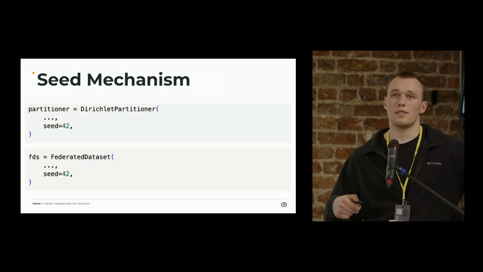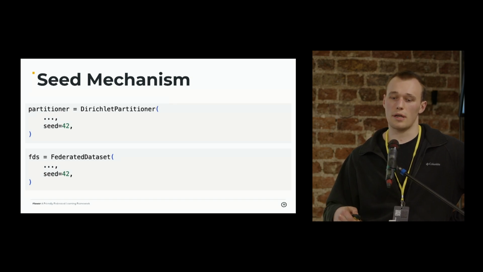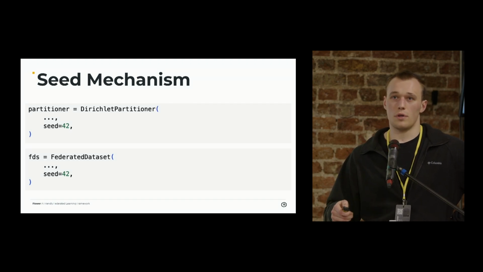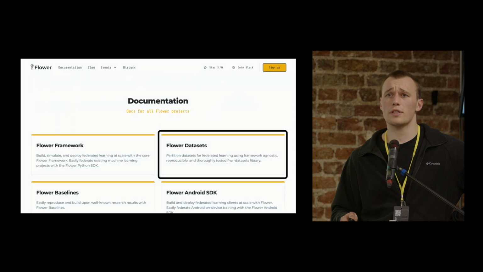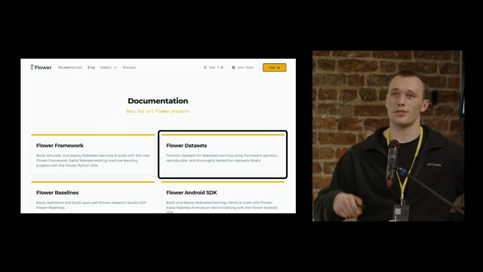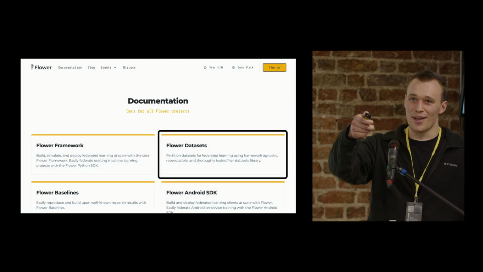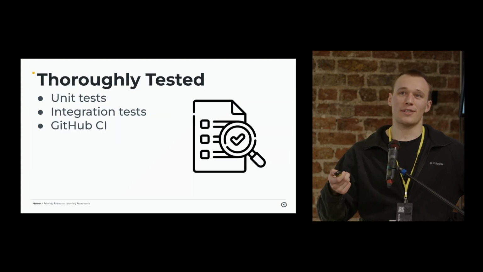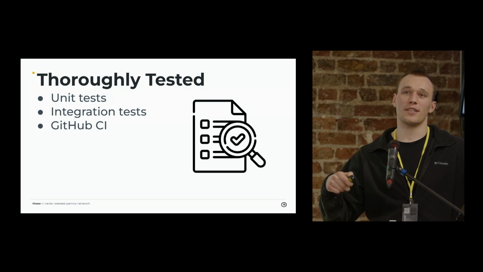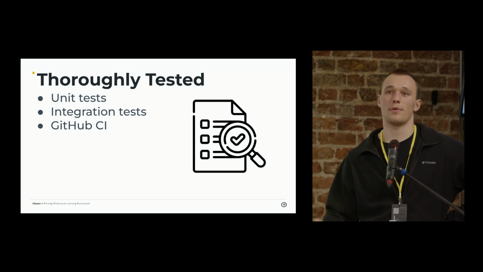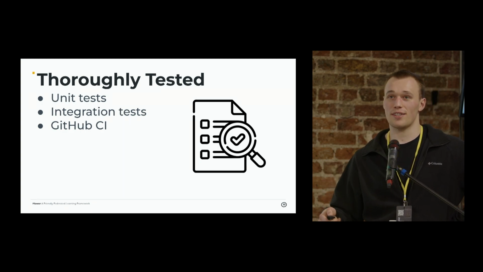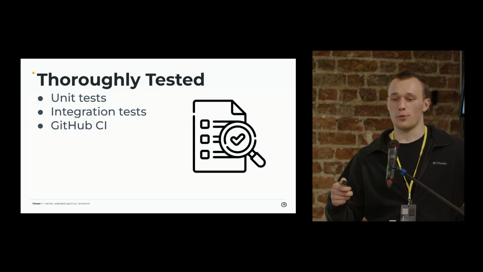We have the seed mechanism that makes sure that order or any kind of operation that is random, you have full control over. Well, limited documentation. You're welcome to check the documentation on Flower AI, Flower Datasets. Error prone, it's thoroughly tested, so you have unit and integration tests and constant GitHub CI, so you can be sure that the dataset works as it should.